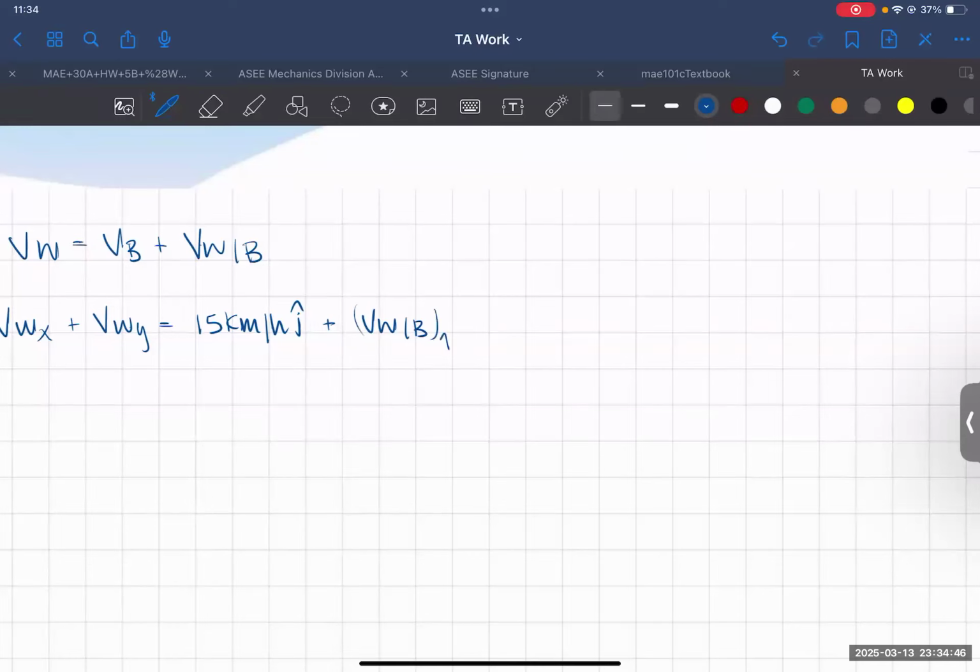For case 1, sine 50 equals I component minus velocity of the wind with respect to the boat 1 cosine of 50. That will give us the J component.